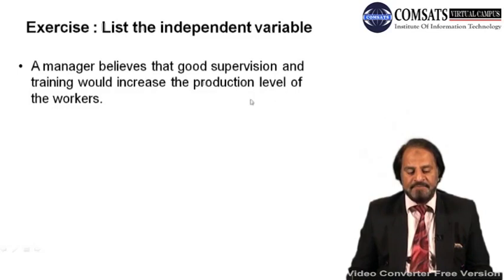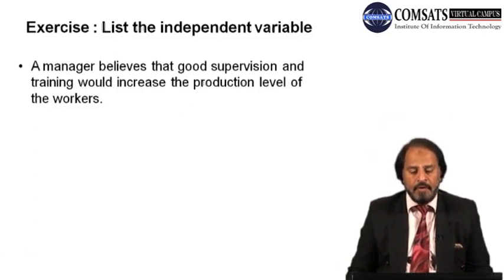The production level is the problem area, which they want to improve by some means, and what they had identified is that good supervision and training would increase this. So if we draw the schematic or theoretical framework around it, we'll see that production will be your dependent variable, and good supervision and training would be your independent variable.